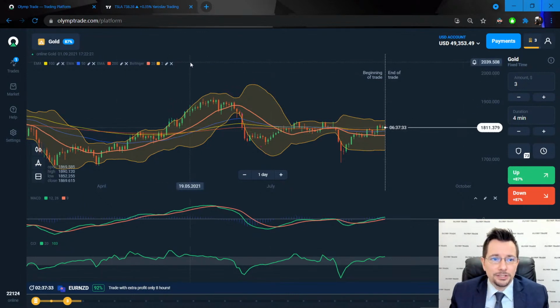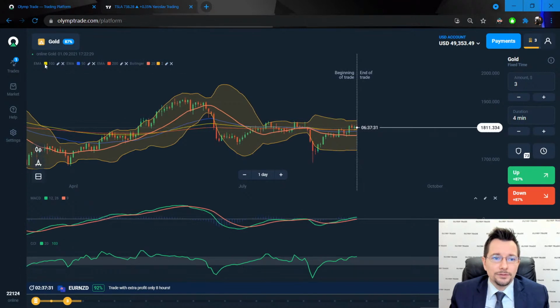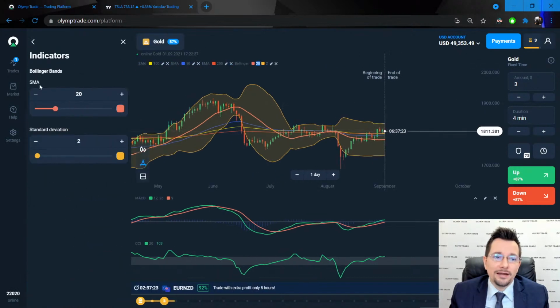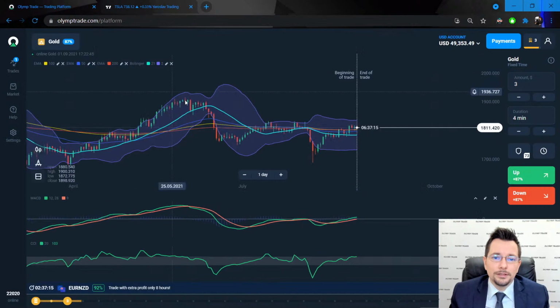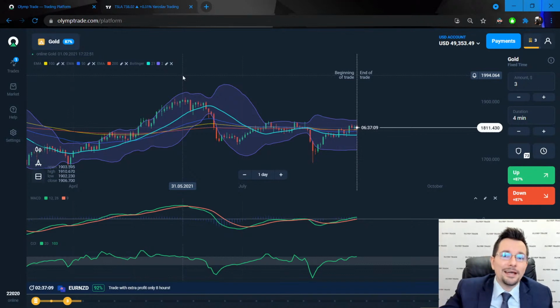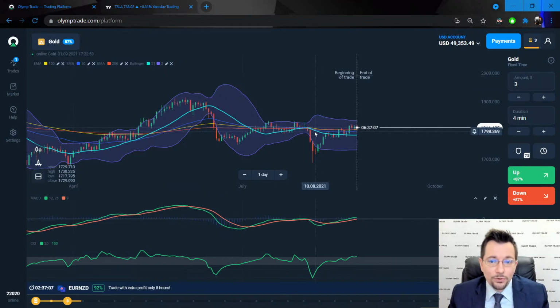If we get rid of this trend line, I have the 100 EMA, 50 EMA, 200 EMA, and inside the Bollinger Bands indicator, there's actually another moving average right here, the simple moving average. There we go. And it gives me another moving average. These are levels of support, resistance, breakout levels. When they cross, it's a change of trend or a change in momentum.